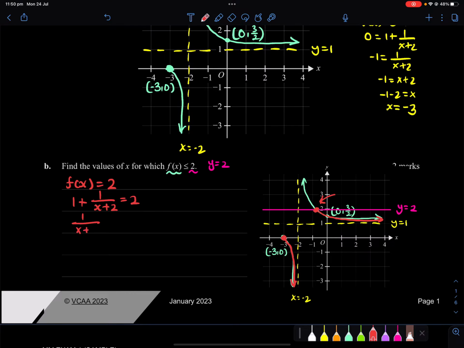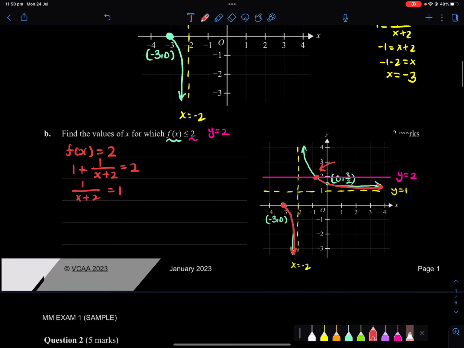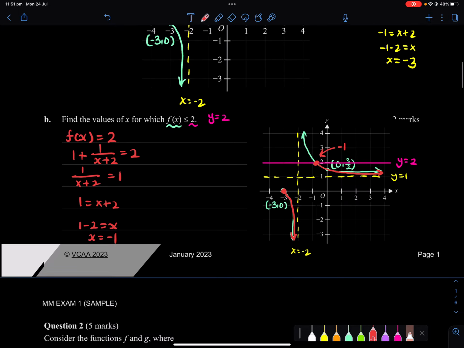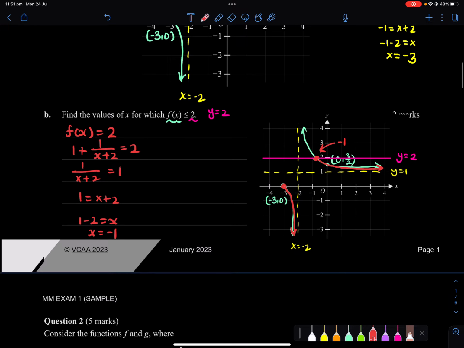So 1 x plus 2, and 1 minus 2 equals x. Therefore, your x value is -1. Okay, so this value here is -1. That's actually very useful now that we know that. So this coordinate is (-1, 2).